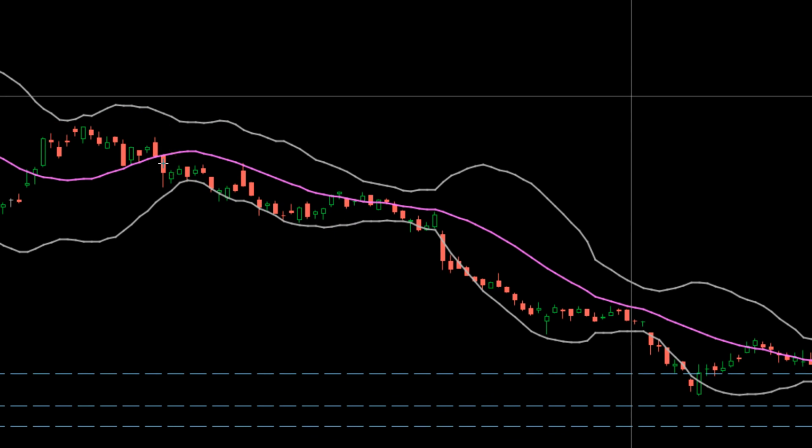So for example, here, the price gets under the 20. Okay, now the way I like to trade this is when price is under the 20, I'm bearish. When price is over the 20, I'm bullish. Okay, when price is like it is here, there's no need for me to get out of this trade.